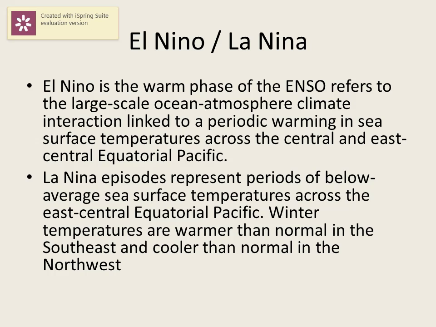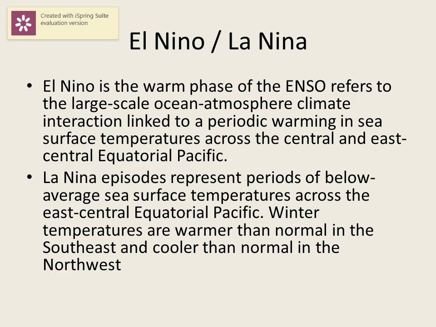So what constitutes El Nino? During the phase of El Nino, which is a warm phase, the large scale ocean and atmospheric climate interaction results in periodic warming of the sea surface temperature of the region.